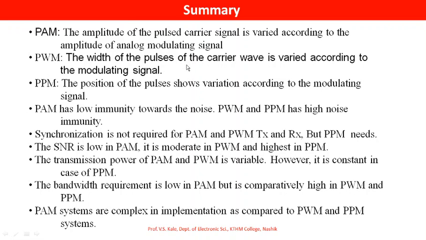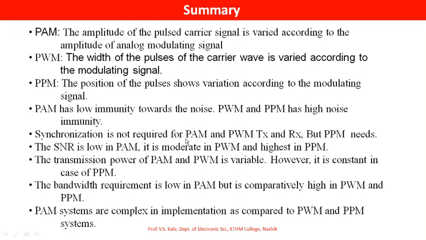The width of the pulses of the carrier wave is varied according to the modulating signal. Pulse position modulation. The position of the pulses shows variation according to the modulating signal. Pulse amplitude modulation has low immunity towards the noise. Pulse width modulation and pulse position modulation has high noise immunity.